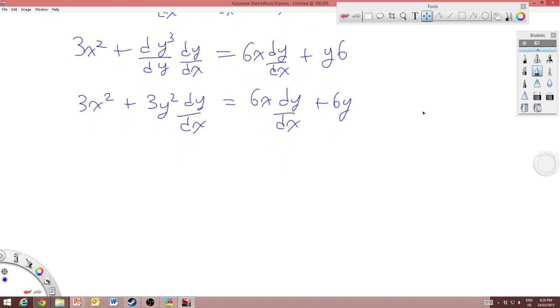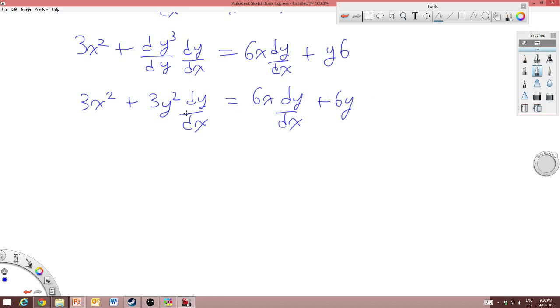A bunch of algebra later, and we get the following. I'm going to bring the 6x dy/dx over to the left and factor out the dy/dx, so I'm left with negative 6x plus 3y squared.